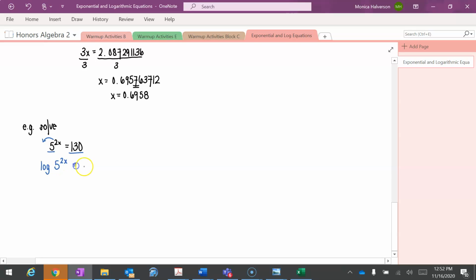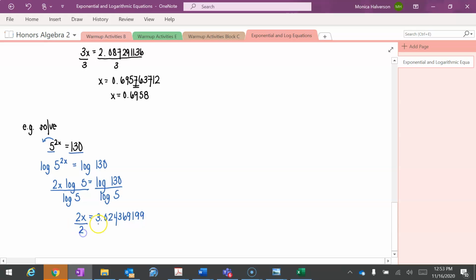So log 5 to the 2x is equal to log 130. Then we move the 2x into coefficient form and solve for x. We're going to divide both sides by log 5. And we get 2x is equal to 3.024369199.